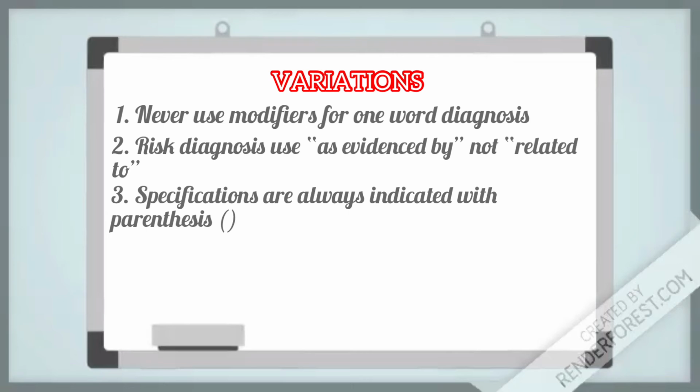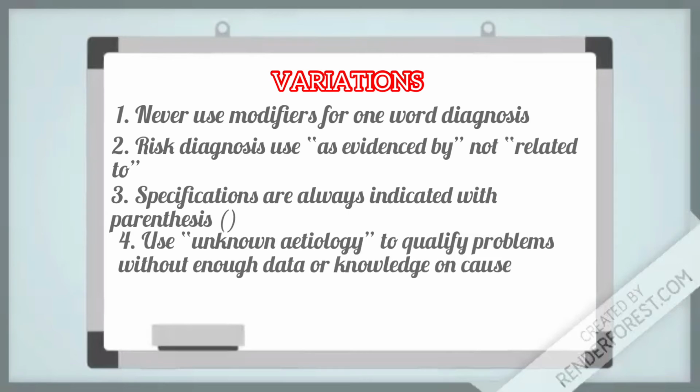And then when you want to use an unknown etiology, we use an unknown etiology when you don't have any knowledge of the cause, the contributing factor, the risk factor, or whatever causes the problem. So in a three-part statement, if we have a cause that we don't know of, then we use unknown etiology. So the statement can be, let's say, ineffective coping related to unknown etiology.